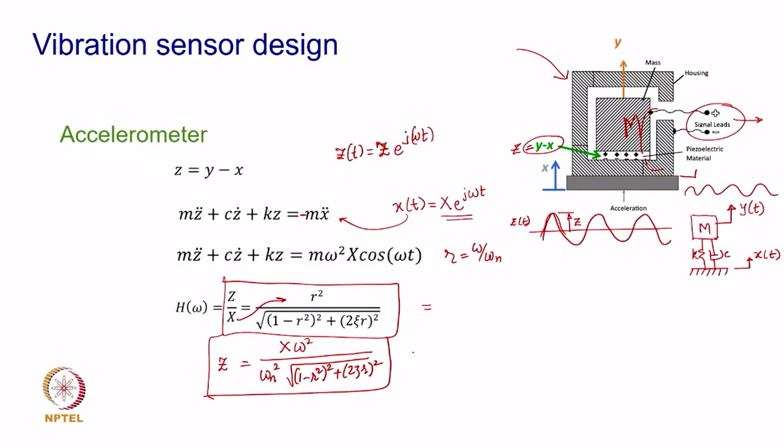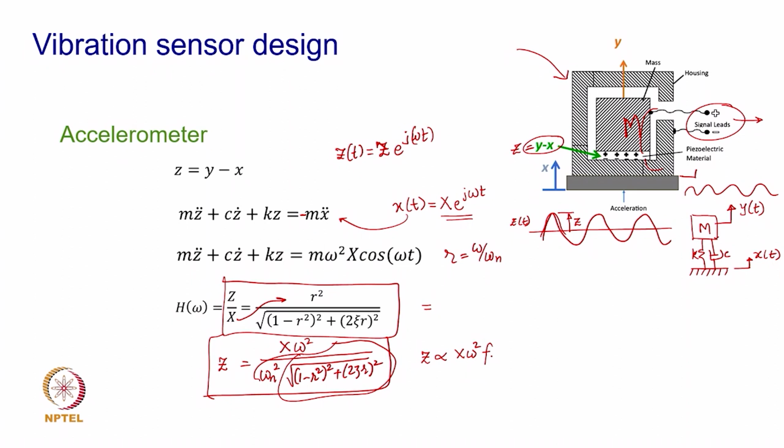So we can say the compression is proportional to X omega square, and the denominator is captured in a factor f. We can keep omega n out, but because this part is going to change with the frequency, I am going to write it as f, and you can divide it by a scaling factor of omega n square.